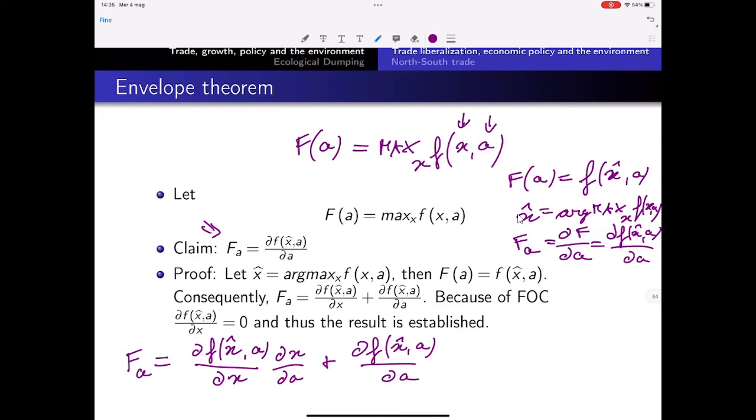Now, because of the first order condition for the maximization problem, the derivative of f with respect to x at x hat is equal to 0, so this term vanishes. That's how I get the result. You only have the direct effect and not the indirect effect.